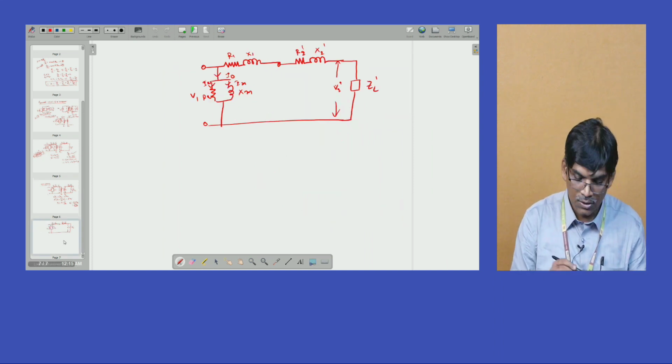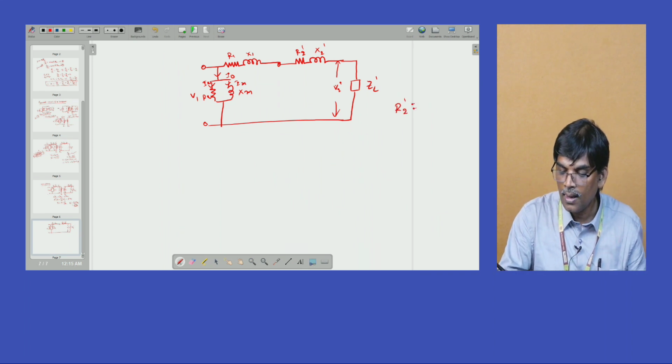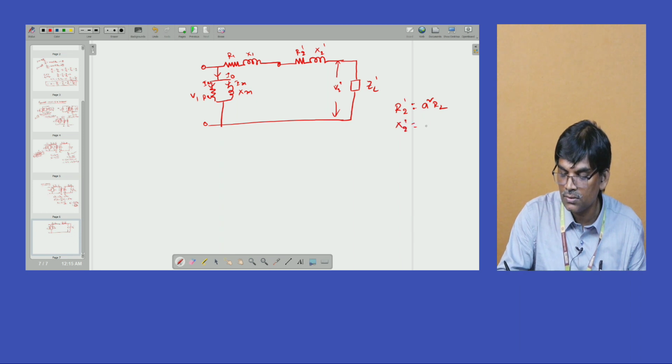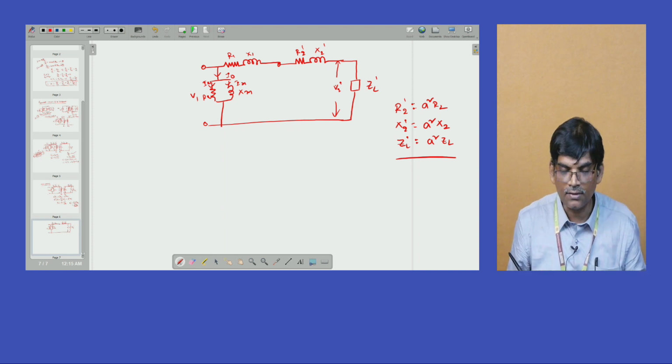So R2 dash is equal to A square R2. Similarly, X2 dash is equal to A square into the actual X2, and ZL dash is equal to A square into ZL. So this is the equation.